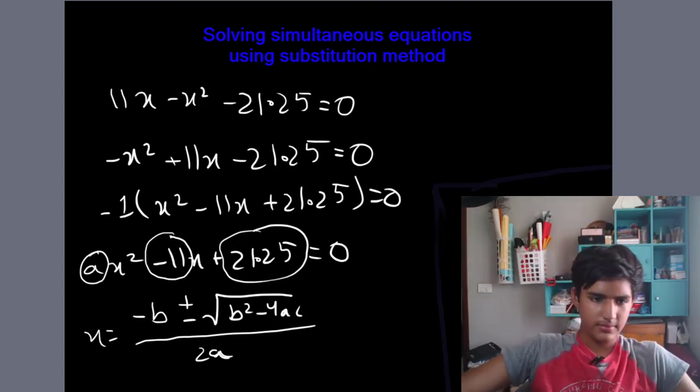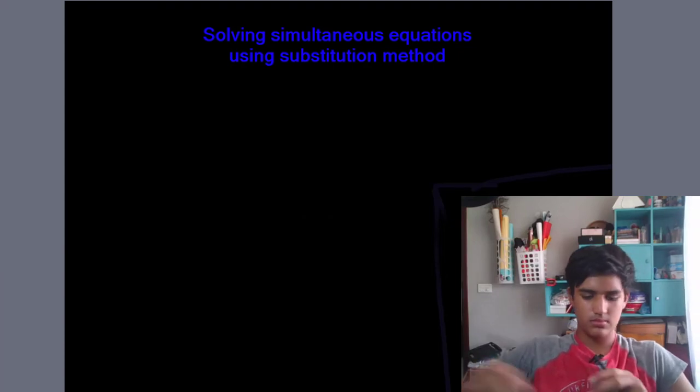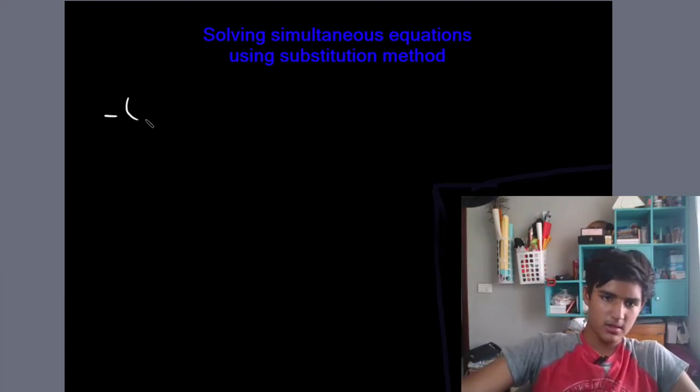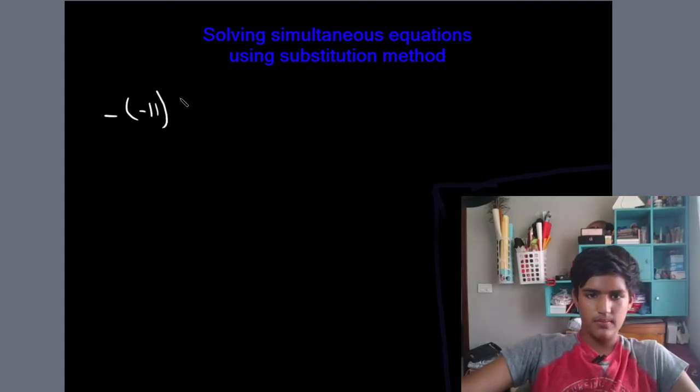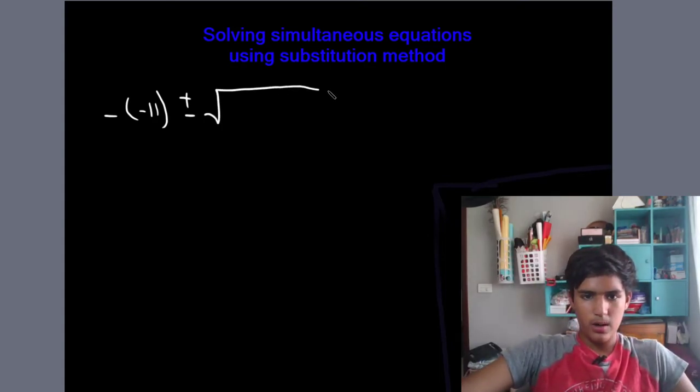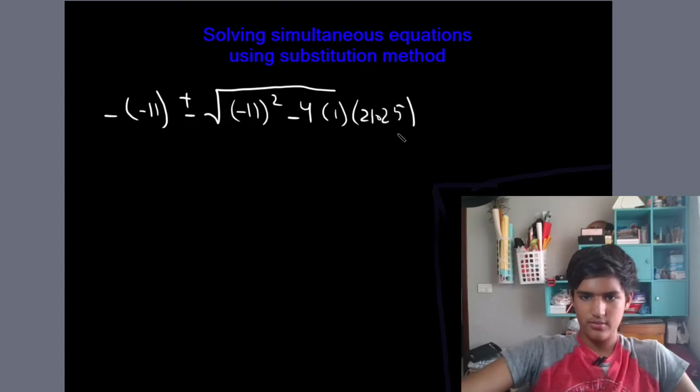Simple as that. So it will look something like minus minus 11 plus minus under root minus 11 whole square minus 4 into 1 into 21.25.